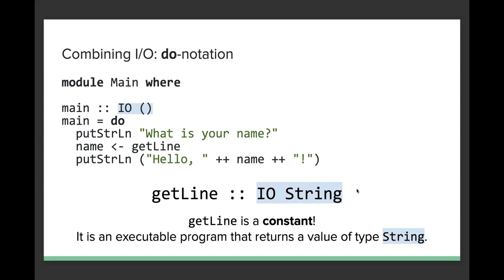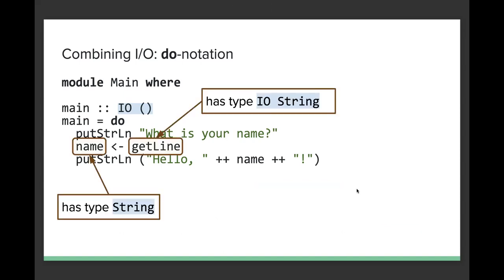Now, hopefully this sort of makes sense. Syntactically, you can see name backwards arrow getLine as just: save the result of this computation into name. What is important for us is, first of all, getLine is really a program. So whatever is on the right of this backwards arrow has to always have a type of a program that returns something. On the right, we will always have IO of something. In this case, we have IO of string.